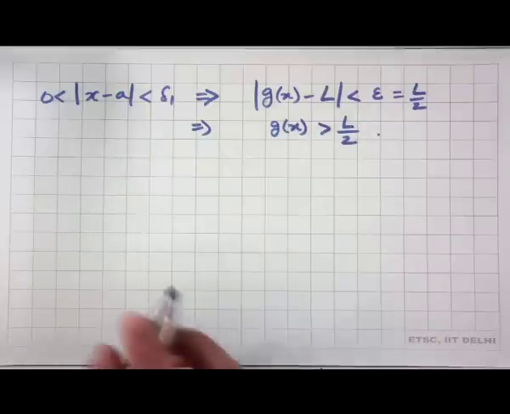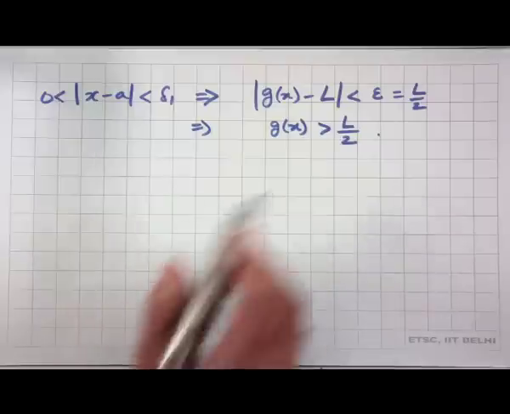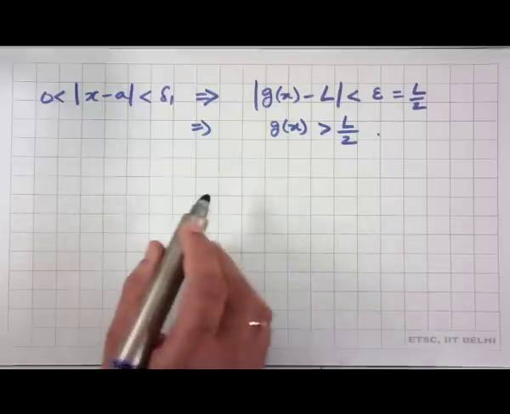G of x is in this case between L by 2 and 3 L by 2, but we need only this, g of x greater than L by 2.